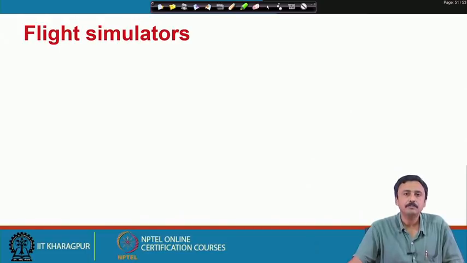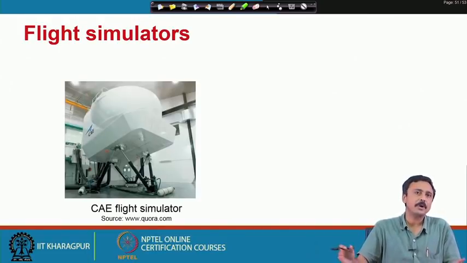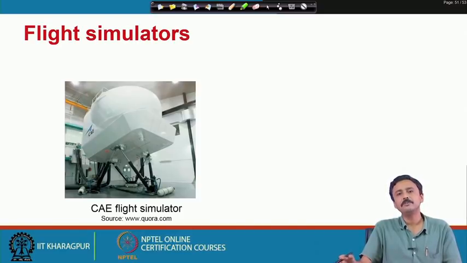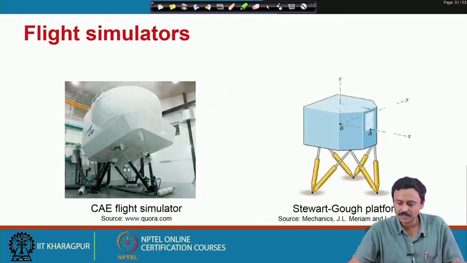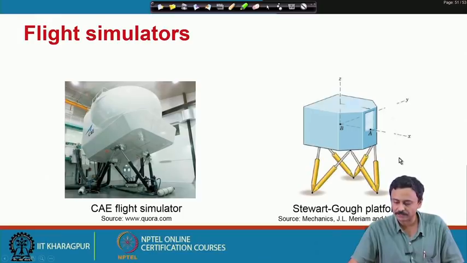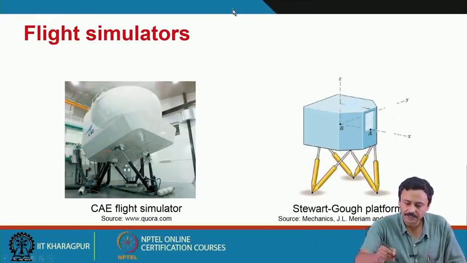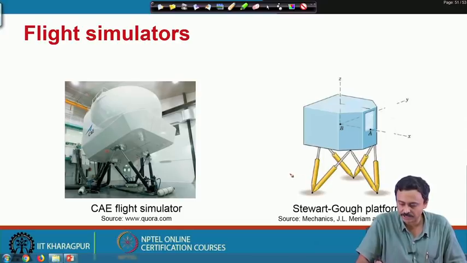As you know, pilots require training, continuous training for takeoff, landing, for facing turbulent atmospheres, air pockets. How do you train a pilot in such situations? So, we have flight simulators. In a flight simulator, essentially the mechanism is like this. What I show on the right is called a Stewart platform. It has multiple actuators, as you can see.